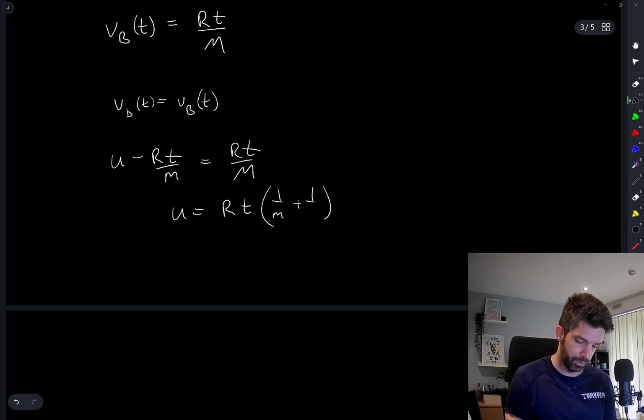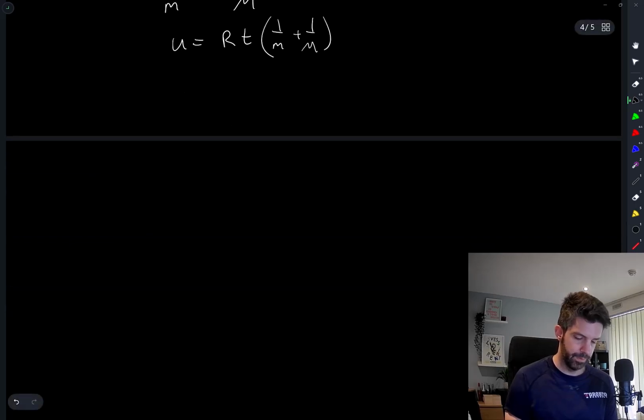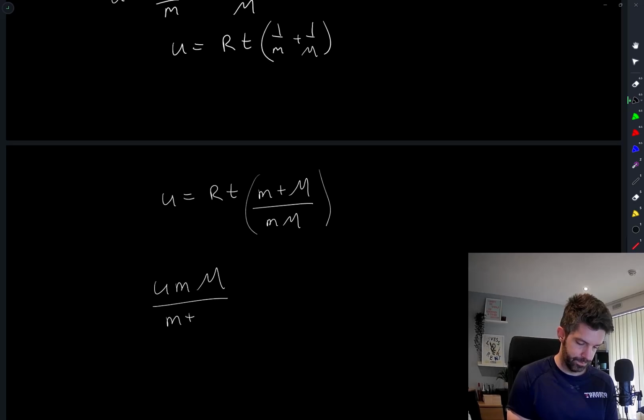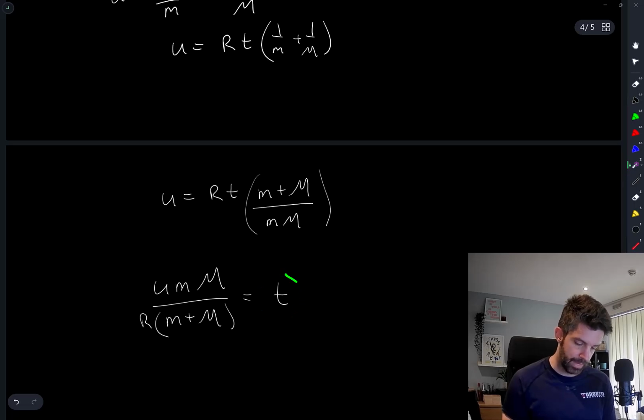Let's make this a little more clear. Okay, so u is equal to Rt times m plus capital M over m capital M. So this is the time at which the two velocities are equal.